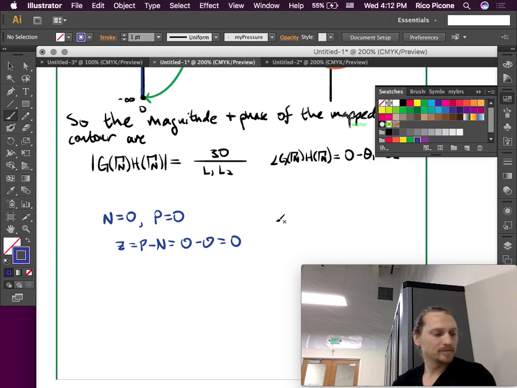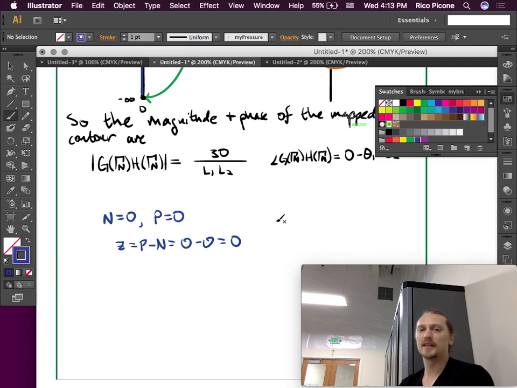What was the condition for stability? So Z is the number of closed loop poles in the right half plane. One of the ways you can think of this as a design tool is the number of them in the right half plane.